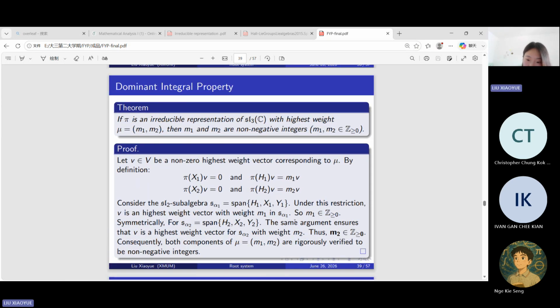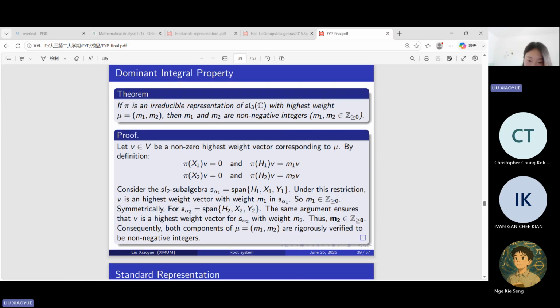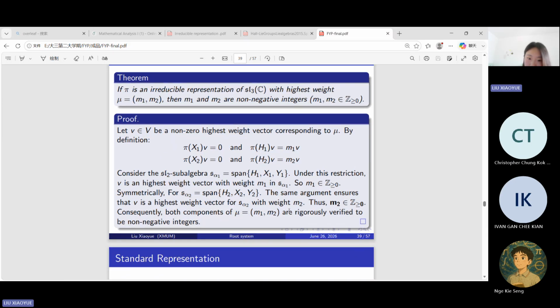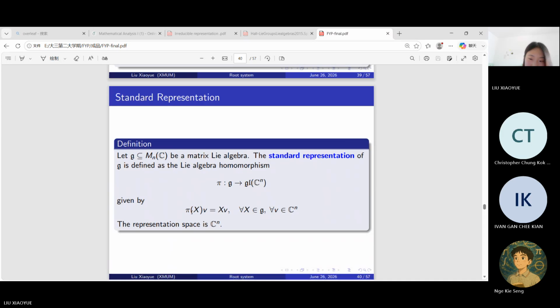So from the last lemma, we know M1 is a non-negative integer, and the same statement holds for M2. So from the two constructions, we know mu must be a non-negative integer.